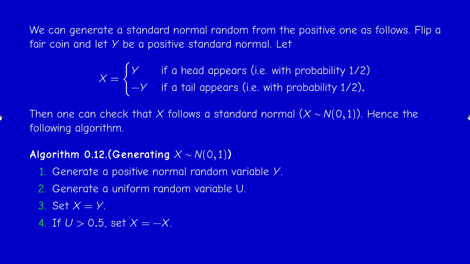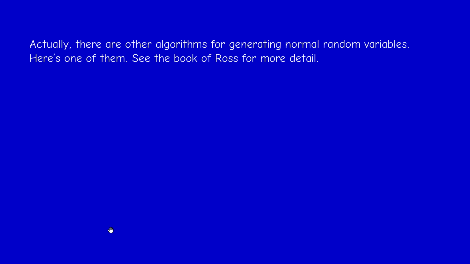So it's just another way of saying: if u is less than 0.5, take x equal y; if u is bigger than 0.5, take x equal minus y. You can write this in a different way, but it's just the same thing. And that's it. Of course, now in the exercise, you will have to implement that.